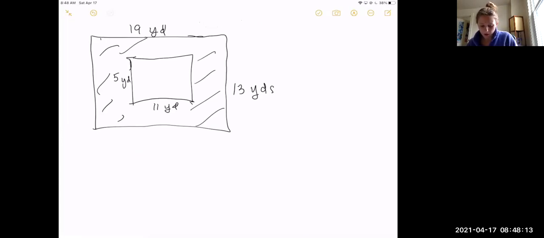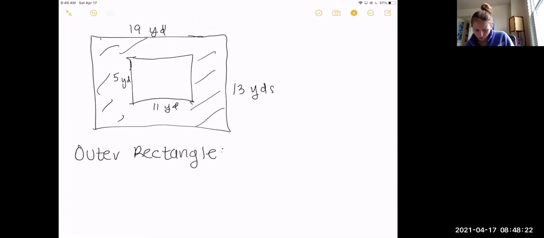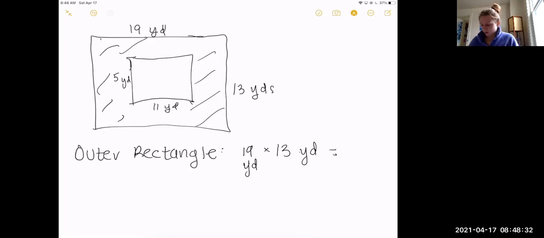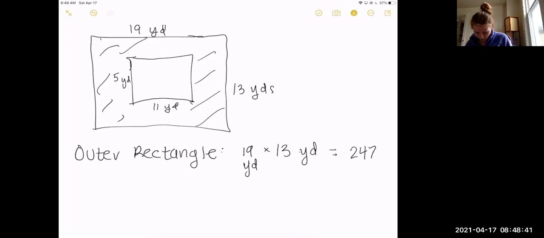So that's going to be 19 times 13 yards. I'm just going to use my calculator for this. That's going to give us 247 yards squared. So we have the area of the first rectangle.